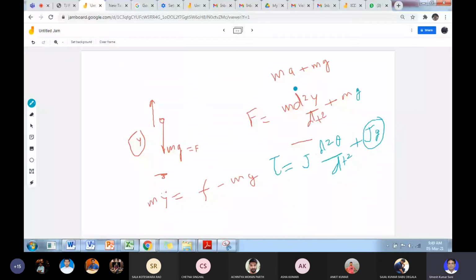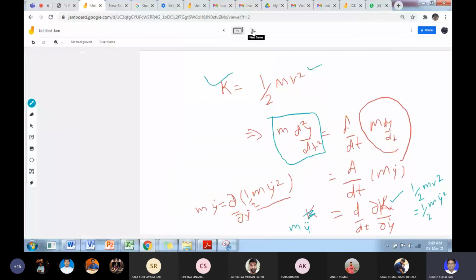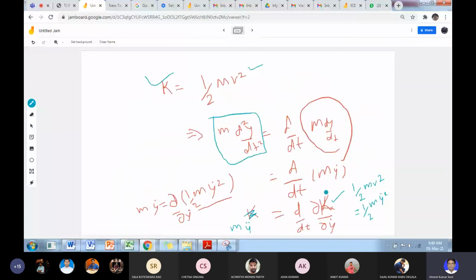So this term is determined by the time derivative of delta k by delta y dot. Okay, this term is defined by this. Clear? What things you have clear, please respond for that, so that I can go ahead.